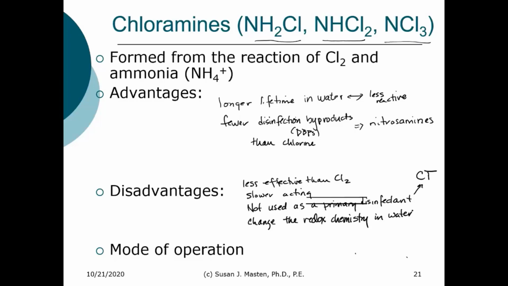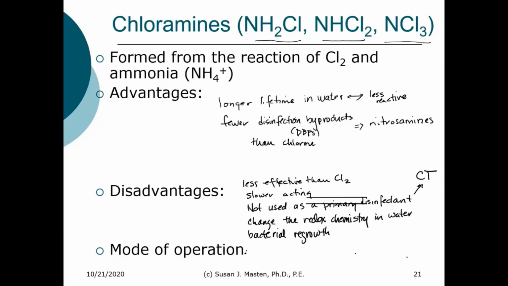The other problem is that it can result in bacterial regrowth. You're adding ammonia, and if that ammonia is in excess, then that can result in bacterial regrowth, which can also result in the release of lead. So that's the disadvantage of using chloramines.